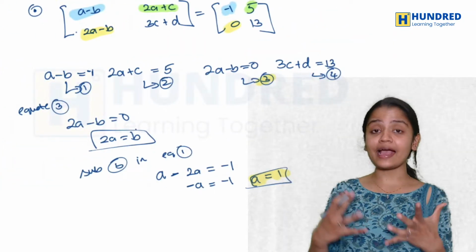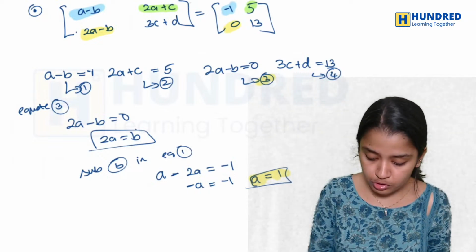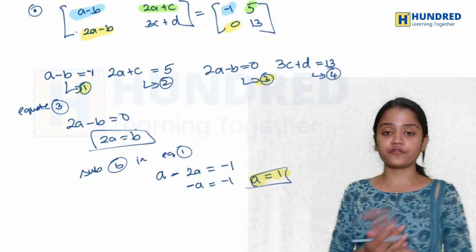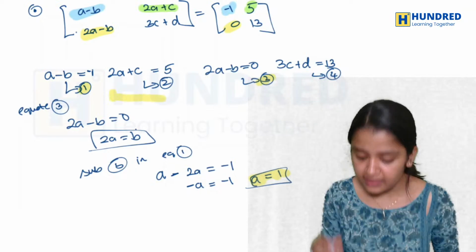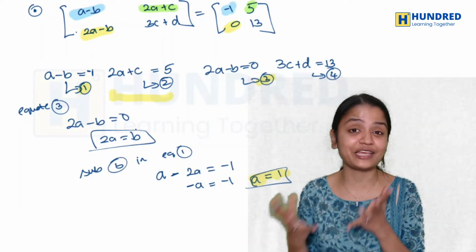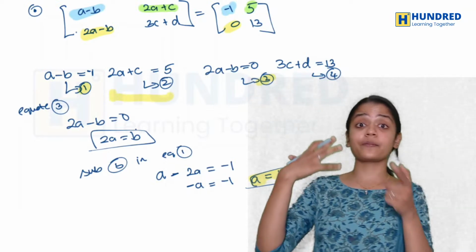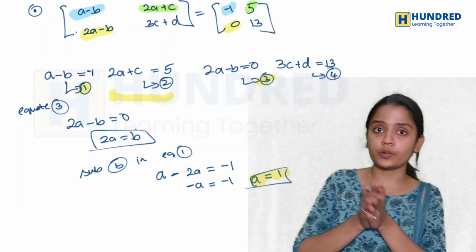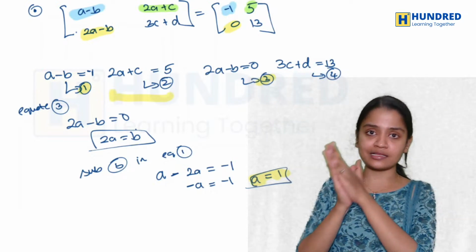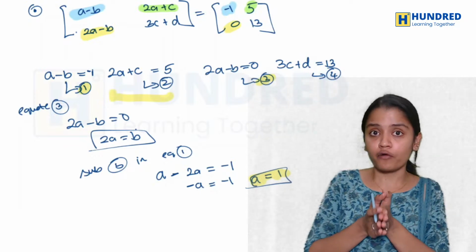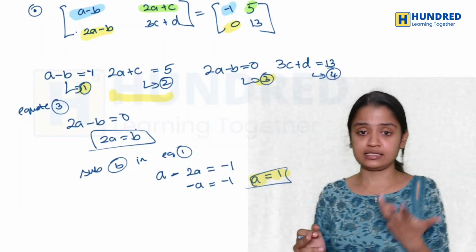I got my A, I got my B. I have used my third equation and first equation. Now let me check my second equation. In the second equation, I have my A and C. I know the value of A. Can I find C? Yes, definitely.